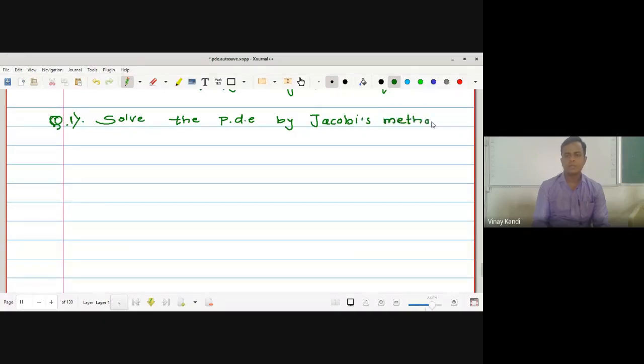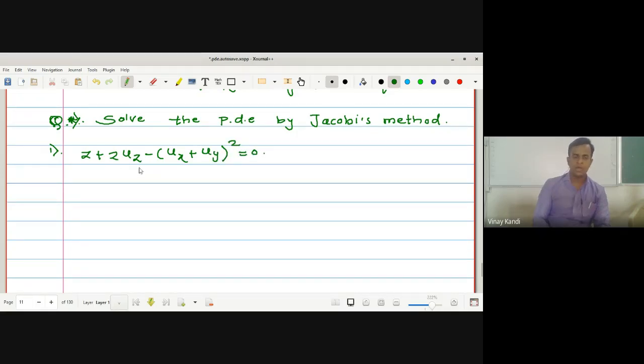This is the question, example number 1: z plus 2uz minus (ux plus uy) whole square equals 0.